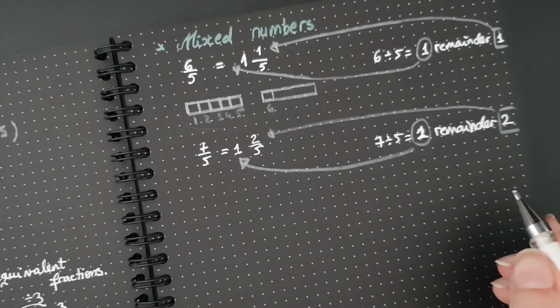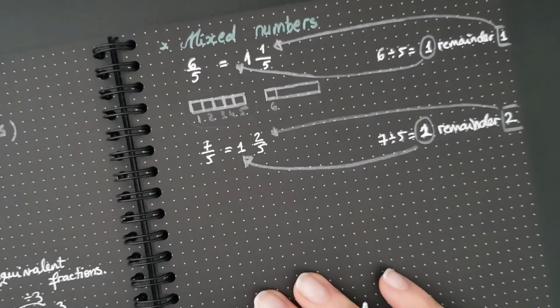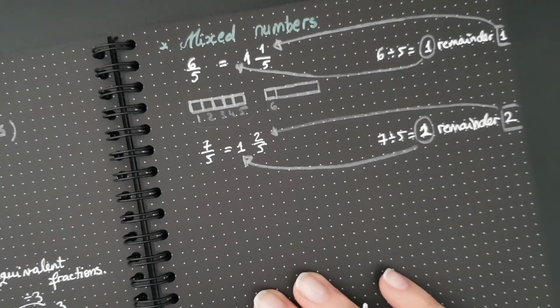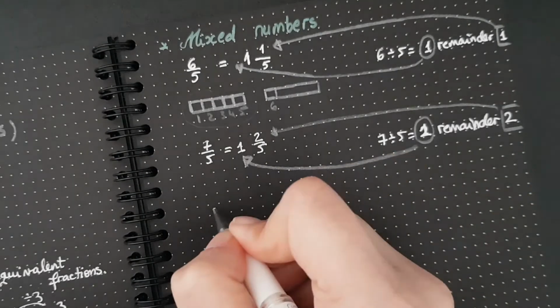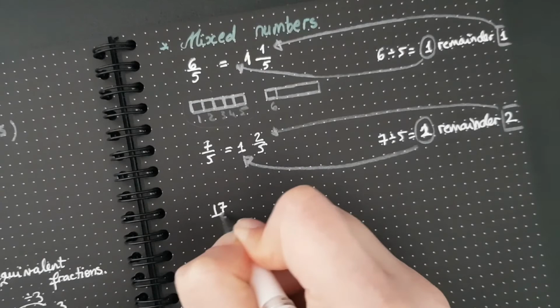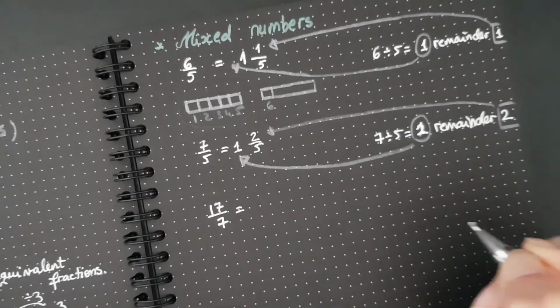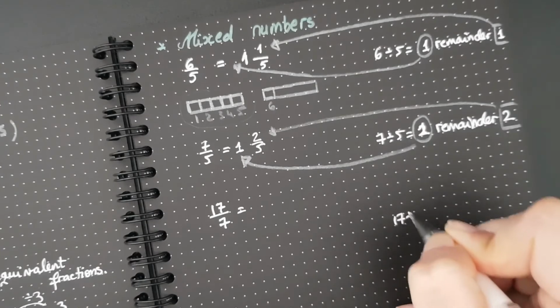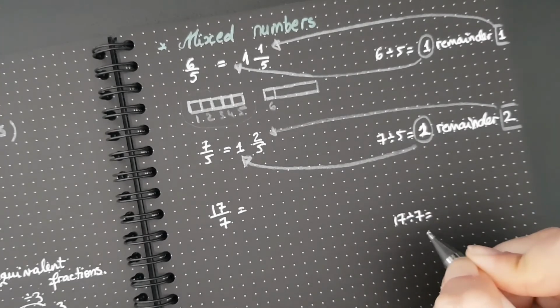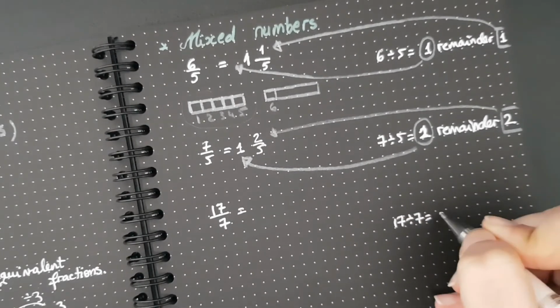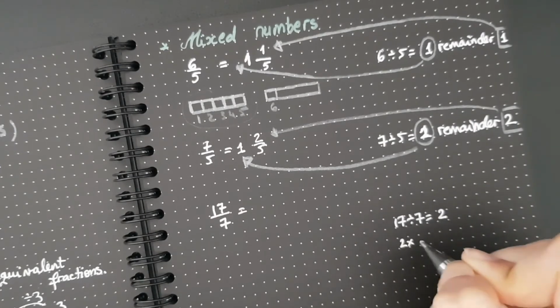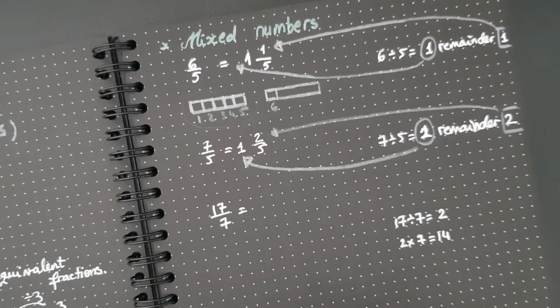Let's do another one. I kind of want to do a bigger one. What should I do? Okay, let's go with 17/7. So again, I'm thinking of 17 divided by 7. Now we need to be a bit careful. That is a 2, so 2 times 7 is 14.